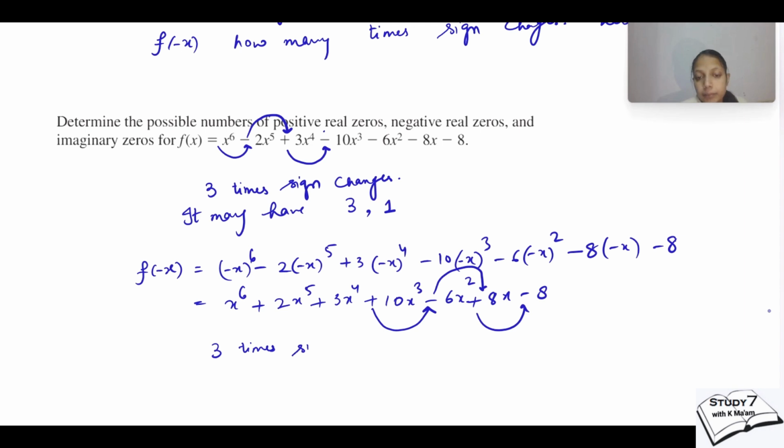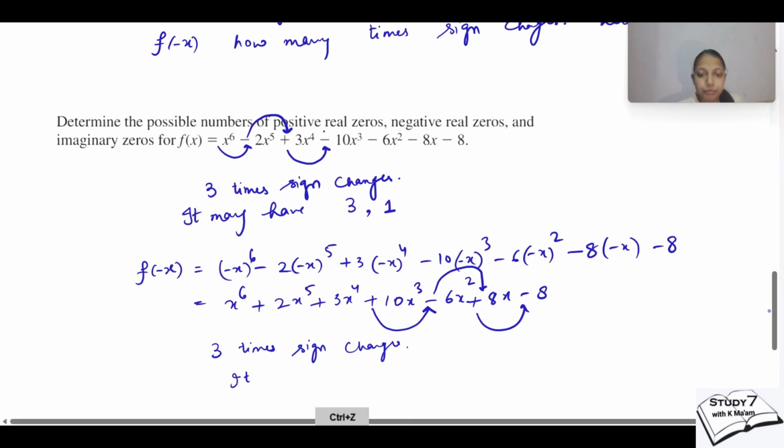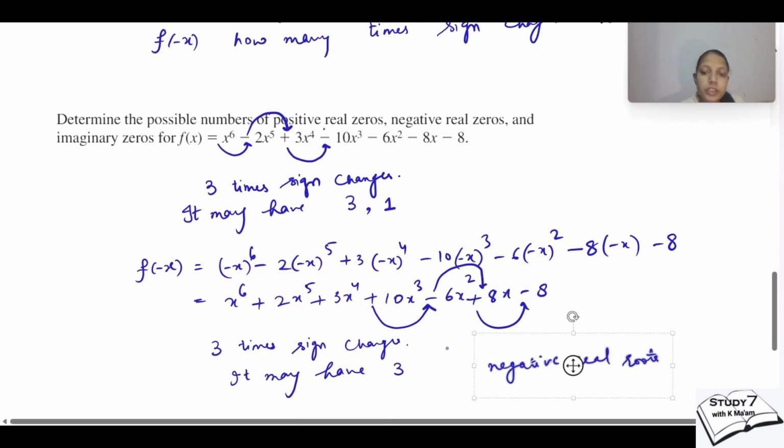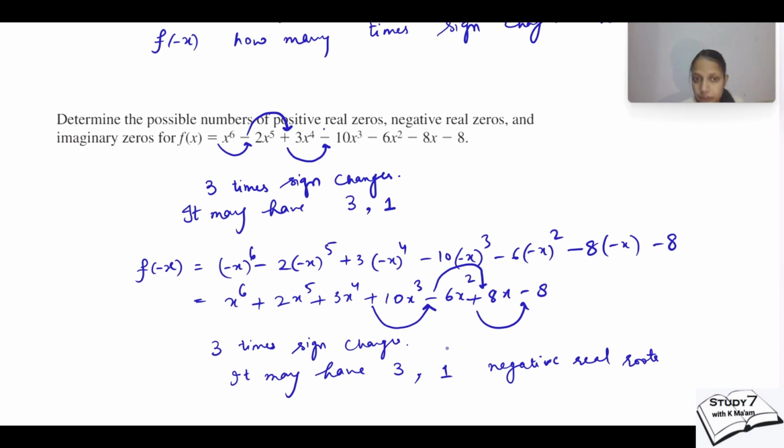So it may have 3 negative real roots. 3 minus 2 is 1. It may have either 3 or 1 negative real roots.